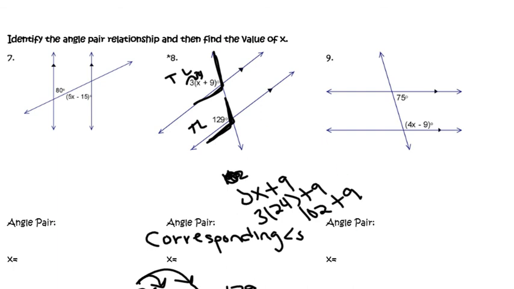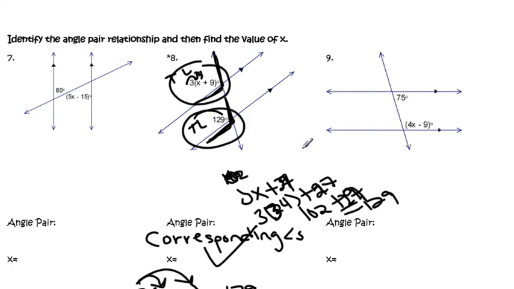So it'd be 102 plus 27, which equals 129. So I know that I did it right because this angle is 129, which equals this angle, which is also 129.